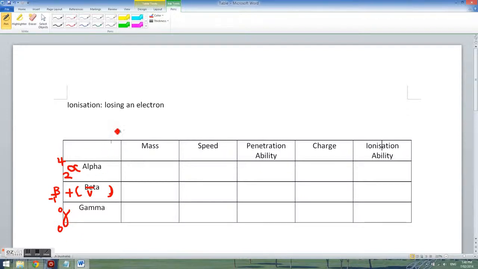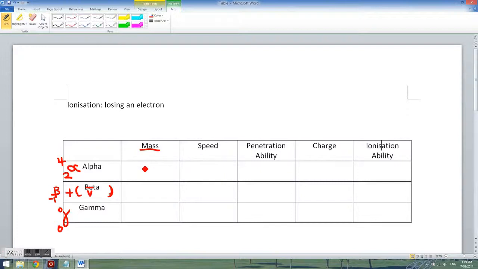Now let's have a look. Let's make a summary about the mass. Mass is how heavy it is, in kilograms. Just remember it for now. So your alpha particle contains 2 protons and 2 neutrons.